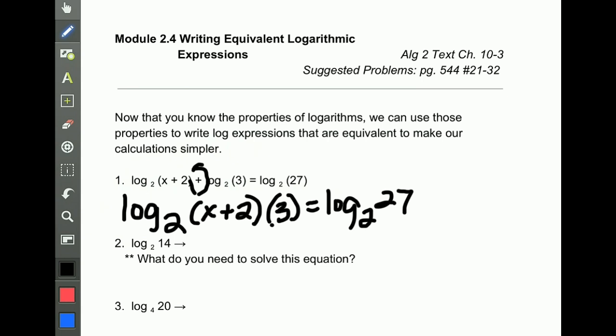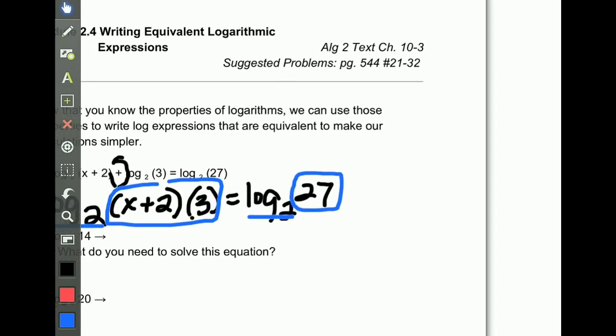Once we have the same bases, remember our rule, once we have the same bases that are equivalent to one another, we know that these amounts must be equivalent to one another. Okay? So the way we can solve that is now we can just do 3 times x plus 2 equals 27.